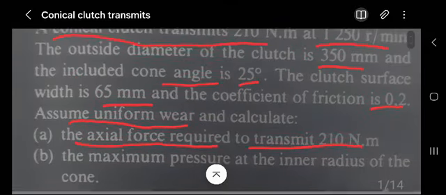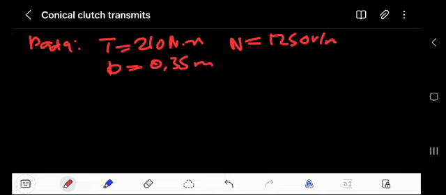So let us have our data. We have the torque of 210 newton-meters at 1250 revolutions per minute, and the outside diameter of 350, the same as 0.35 meter, and the included angle which is 25 degrees.